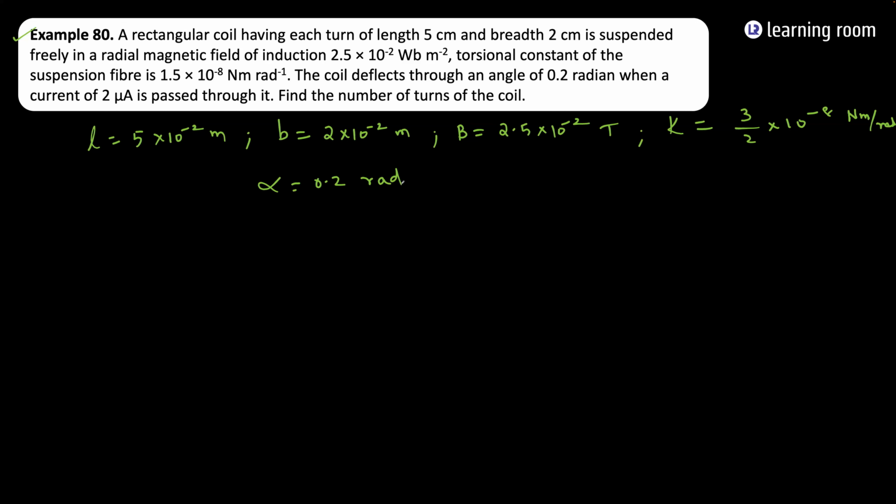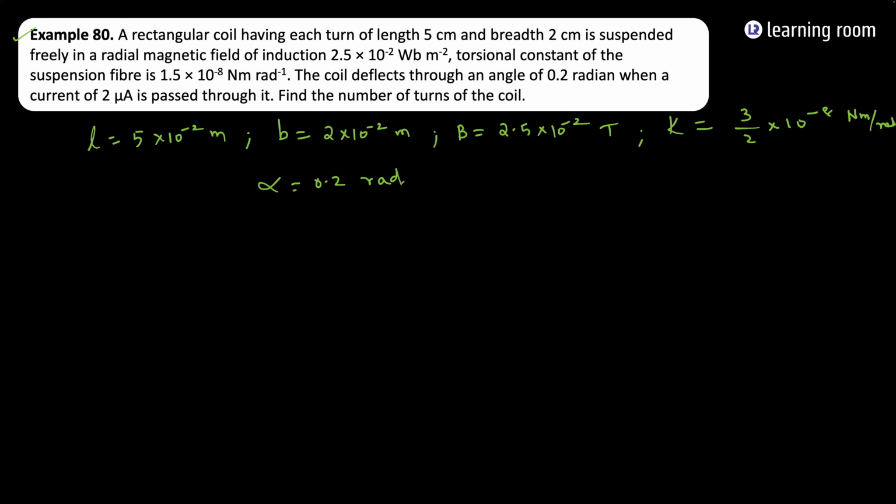Suppose this is given in terms of degree, you need to convert it to radian and then multiply. Don't make the mistake of directly multiplying, because the radian in the denominator should get cancelled. Sometimes a few people make that mistake. Look at the units.